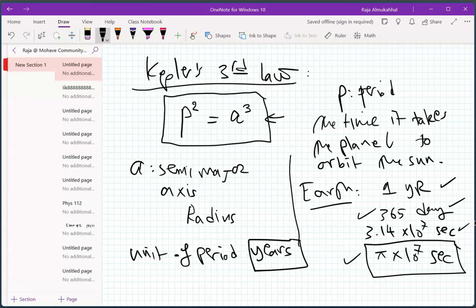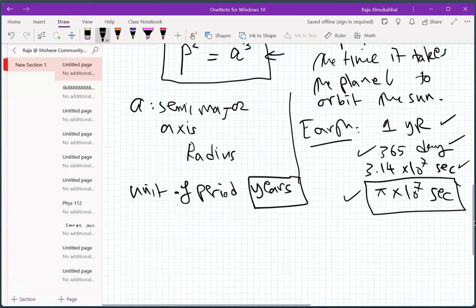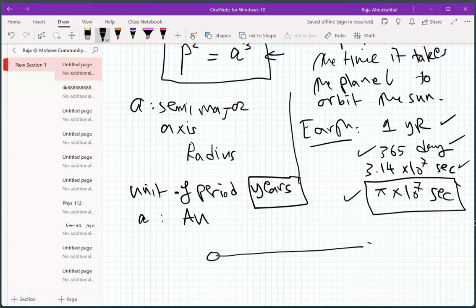It has to be in years in order for this formula to be valid. And then the semi-major axis, or the radius of the orbit a, has to be in AU. And as you may remember, AU is the average distance between the Earth and the Sun, right? It's equal to 1.5 times 10 to the 11 meters. This is equal to one AU.